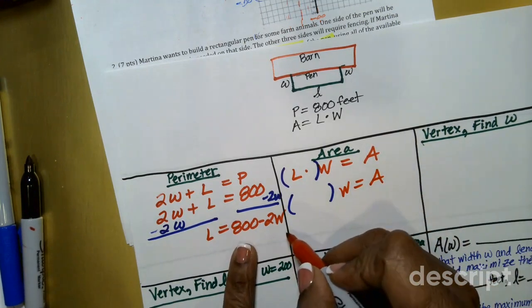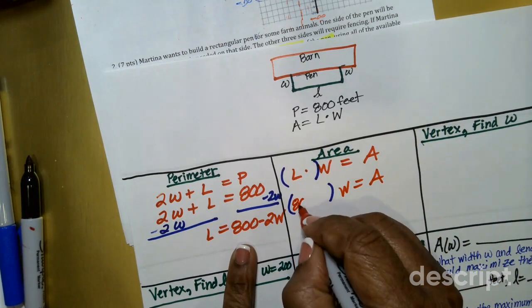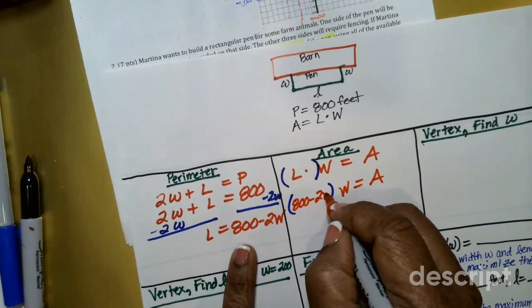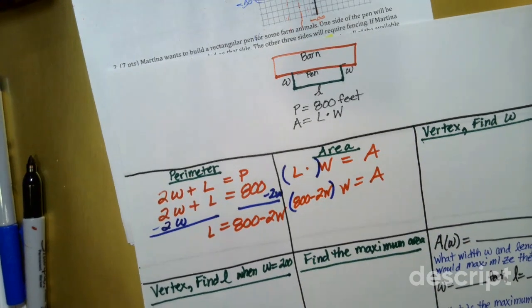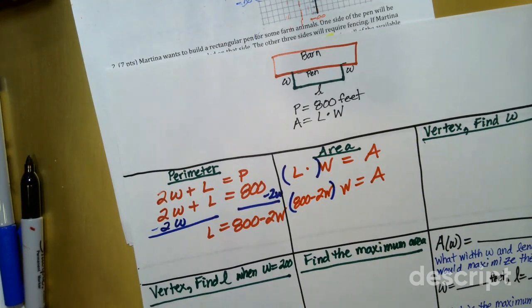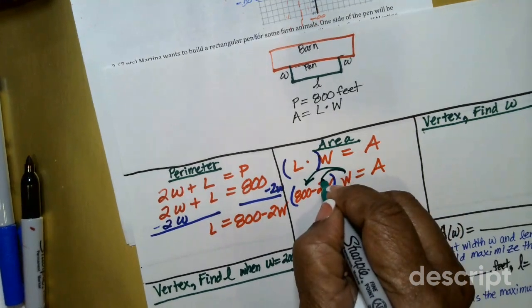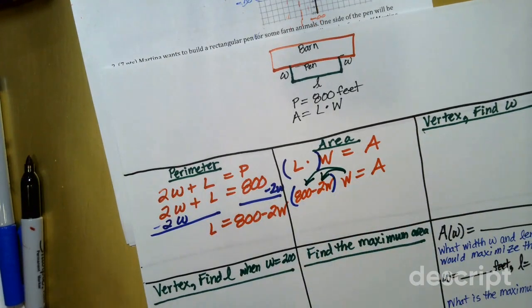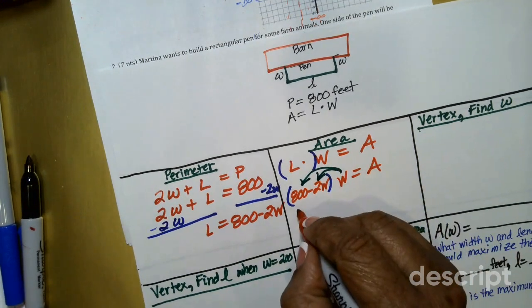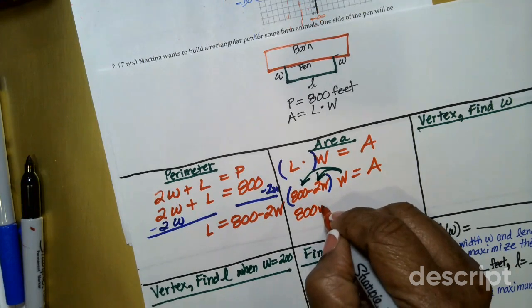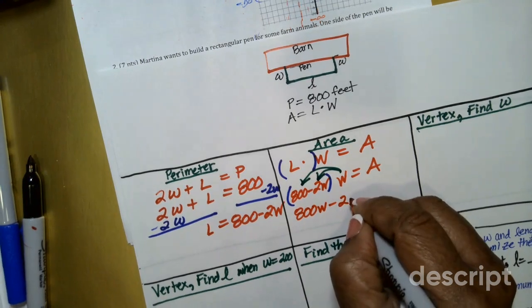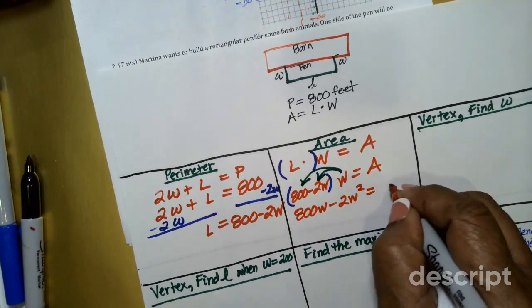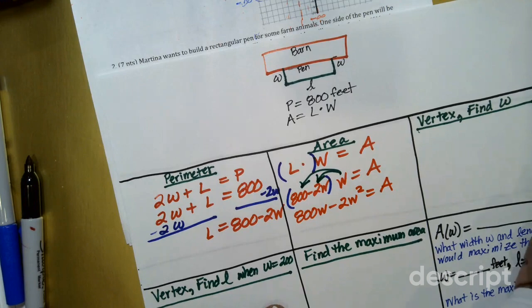So length equals 800 minus 2W. Now we get to distribute the W to both terms in the parentheses. And we get 800W minus 2W squared, and that gives us our area.